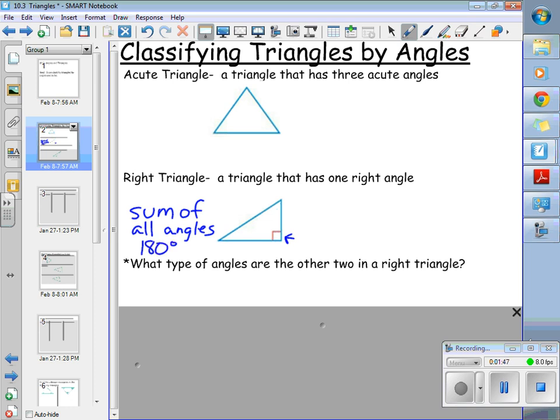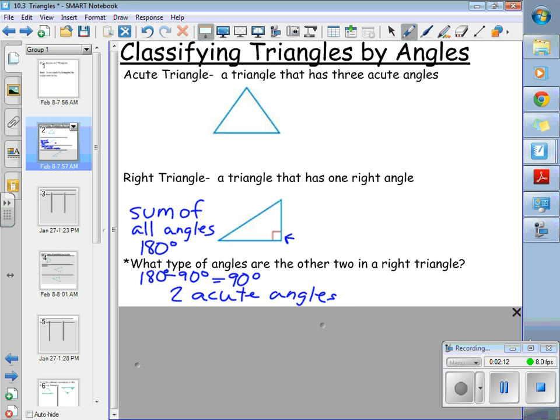But if they all equal 180, that gives us only 90 degrees left to work with, right? So if we have to split it by 2 others, we're going to have 2 acute angles for our other 2 angles. The only way it can be.